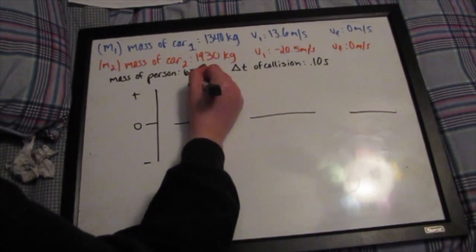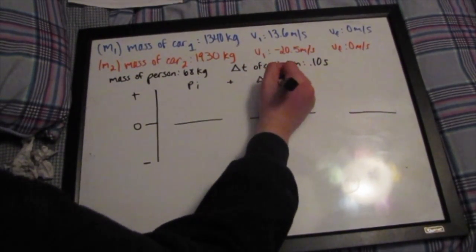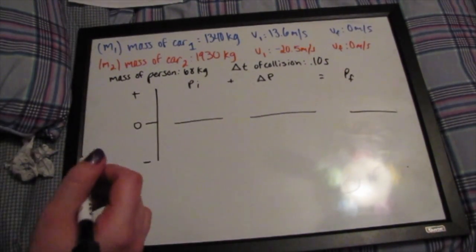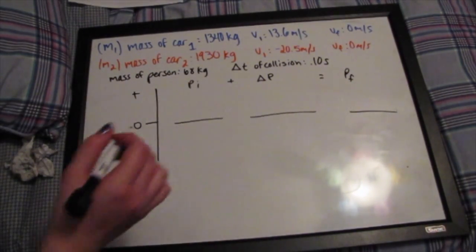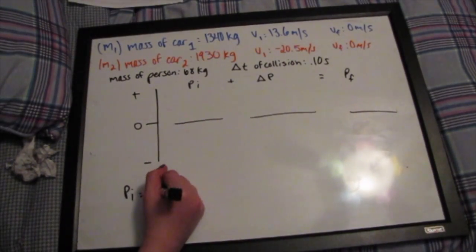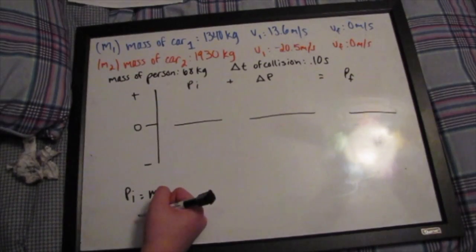There's an equation that you use, p initial plus delta p, or impulse, equals p final. Now we just have to solve for these to draw a bar chart. So p initial equals mass times velocity, and this is going to be for the small car, this bar chart.